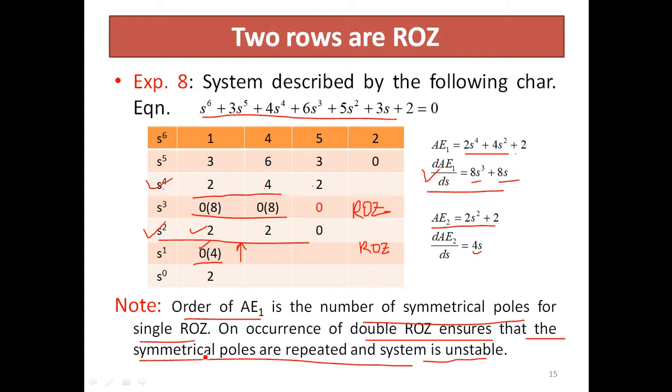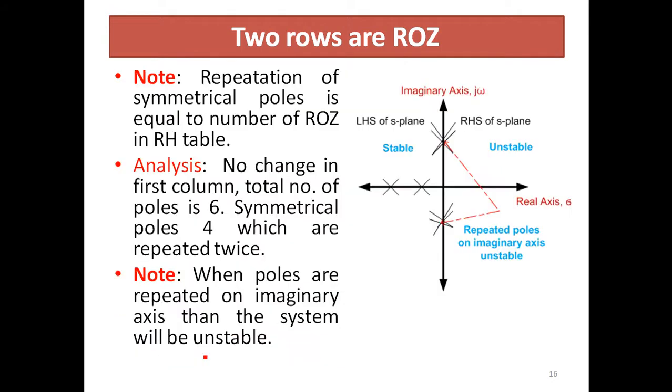In that case your system would be unstable. Another note: repetition of symmetrical poles is equal to the number of ROZ in the Routh table.